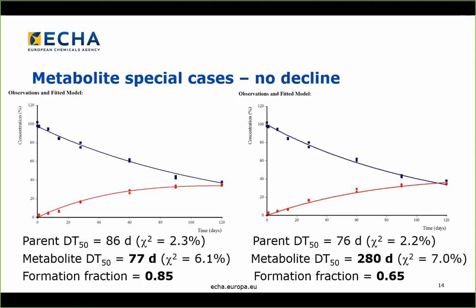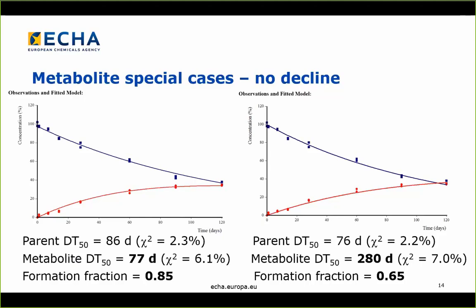I think you wouldn't really be able to easily differentiate between those 2 fits. Chi-squares are all pretty low. Everything's looking good. But just to point out that on the left, the metabolite DT50 is 77 days. On the right, the metabolite DT50 is 280 days. So it's really hard when you don't have a decline phase. That's something else to really look out for.